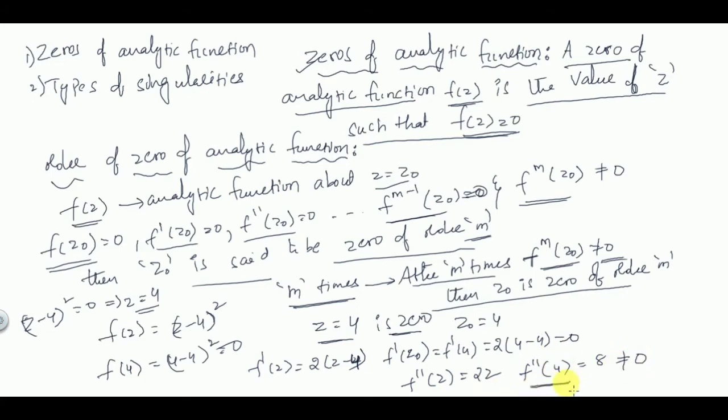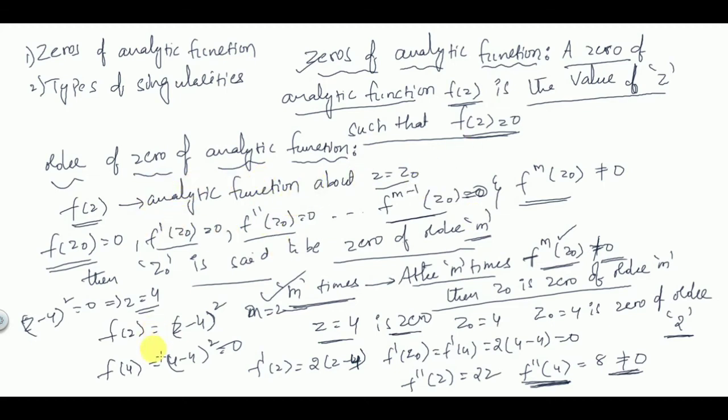So after differentiating it 2 times, the value is not equal to 0. Here m value is 2, so after 2 times f double dash of z naught is not equal to 0. Therefore we can call z naught, that is 4, 0 of order 2. This is the standard procedure to find the order of a 0.